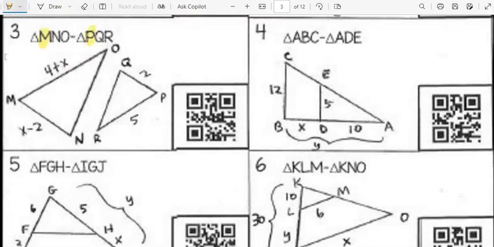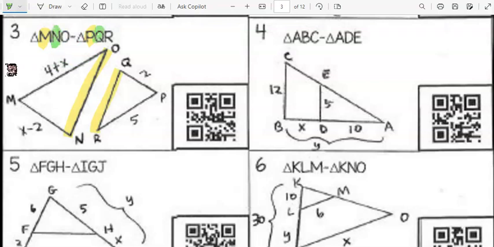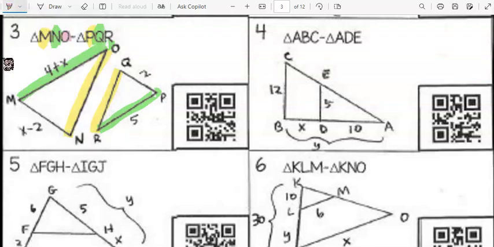M goes with P. N goes with Q. And O goes with R. Notice on this example, the triangles are not facing the same way. So that's why it's important to mark which sides correspond with each other.